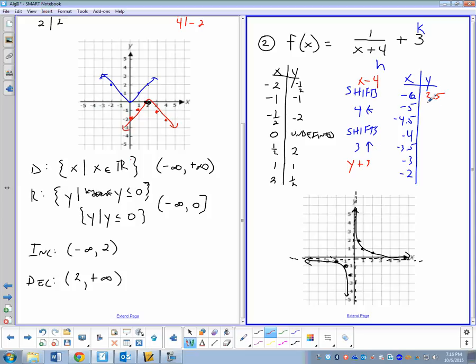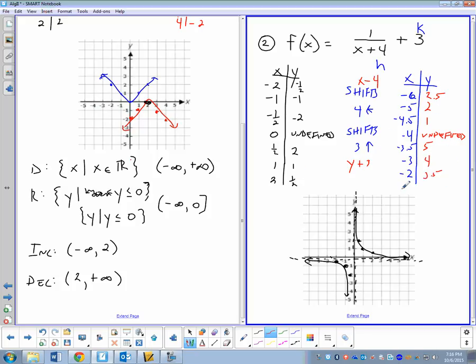Negative 1 plus 3 is 2. Negative 2 plus 3 is 1. Undefined plus 3 is still undefined. It means you're not going to have a point on your graph that has an X value of negative 4. And we'll see why that is once we graph it. 2 plus 3 is 5. 1 plus 3 is 4. And 1/2 plus 3 is 3.5.